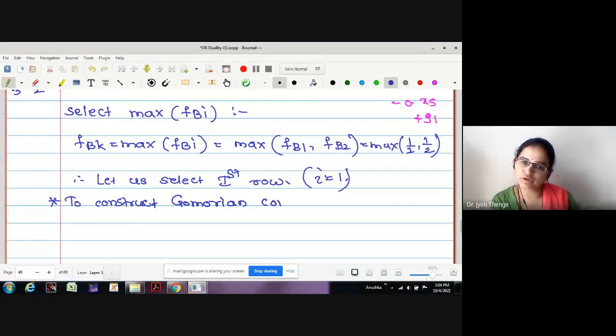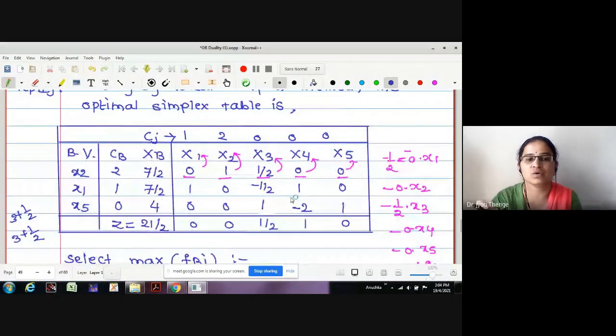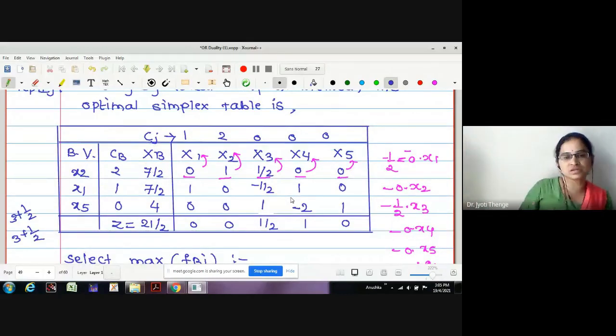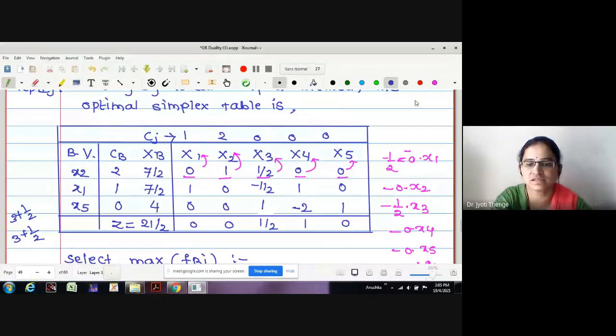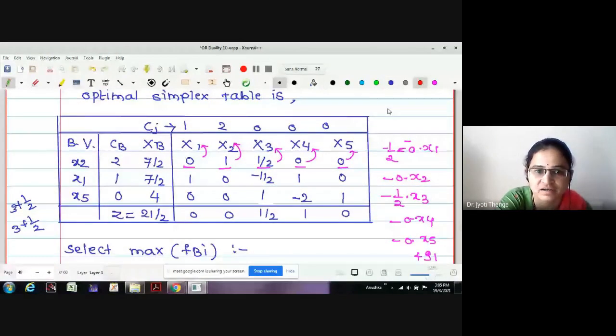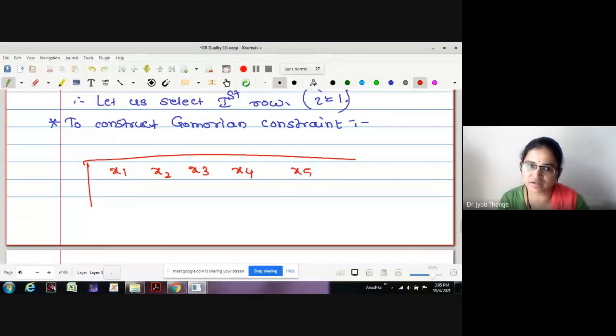Construct the Gomory constraint. We have selected the first row for the construction of the Gomory constraint. Now we are going to construct it with a shortcut method. Let me write it here with a red color pen so that the idea is very clear. x1, x2, x3, x4 and x5, and the XB entry is 7 upon 2.